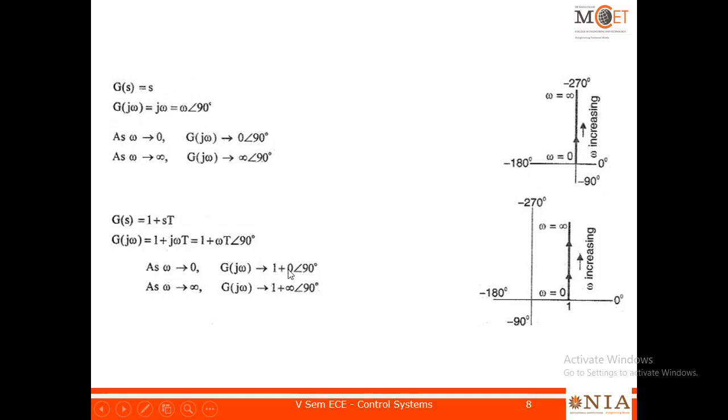So you get magnitude and phase like this for omega equal to 0, and for omega equal to infinity you get magnitude and phase like this. It is similar to the previous expression, but with plus 1, so you have to shift it by 1 unit. Your graph will be like this.